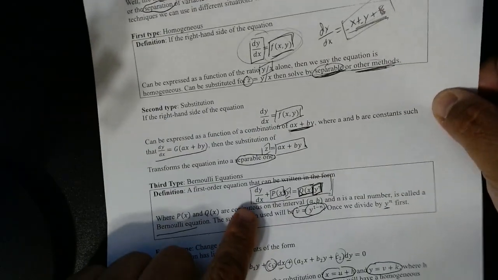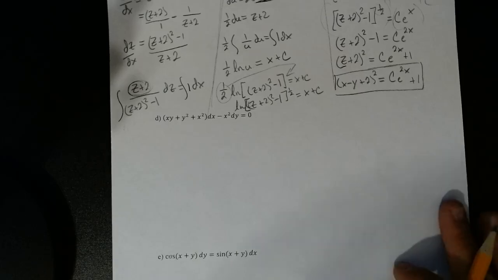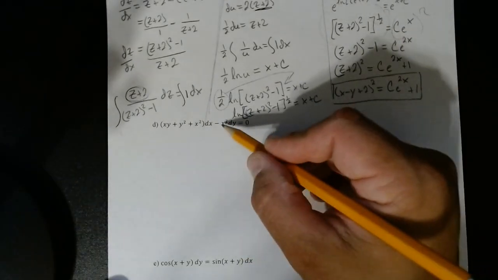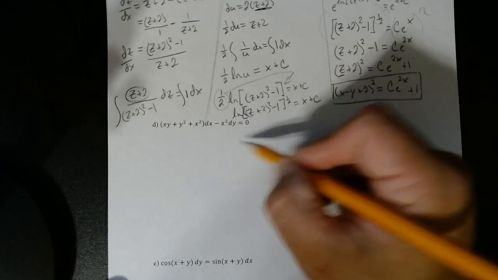So this is not ideal, right? This would be the last resort, so maybe we can manipulate it to just have dy dx. So let's see. Okay, so we have this, so why don't we just add this over.